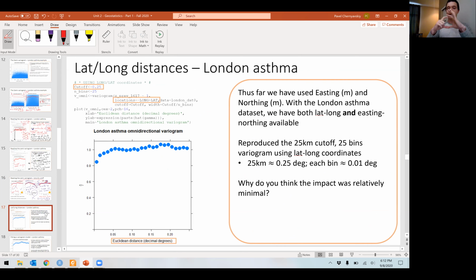Remember, we're operating inside the city of London. That is a relatively small area. So why do you think the impact on this variogram was relatively minimal when we have flipped from meters to decimal degrees?